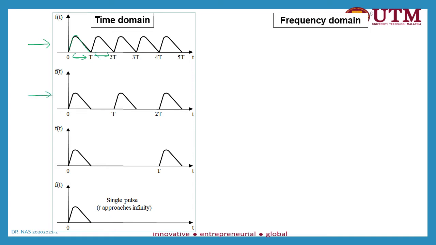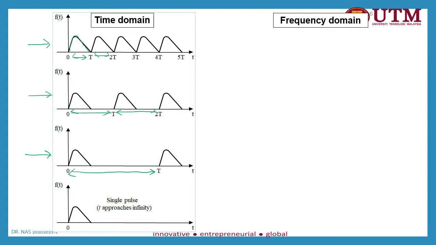You can still see that this is the T and the same T is repeated in the next harmonic. Same goes to this one, the third one, but you can see that the T now increases. Even you can't see the next harmonics.